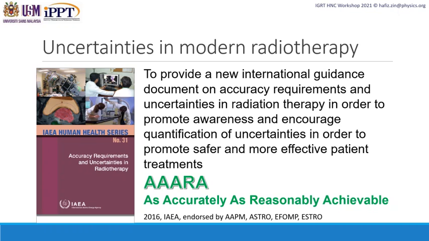With the recent development, IAEA has come up with new guidelines on accuracy requirements and uncertainties in radiation therapy in order to promote awareness and encourage quantification of uncertainties to promote safer and more effective patient treatments. In the report, the concept of ALARA is introduced, known as accurately as reasonably achievable, where each center should have their own accuracy level based on their practice and also technology available at their clinic.